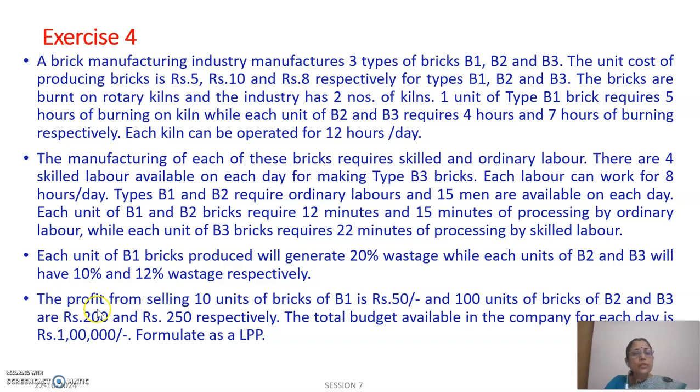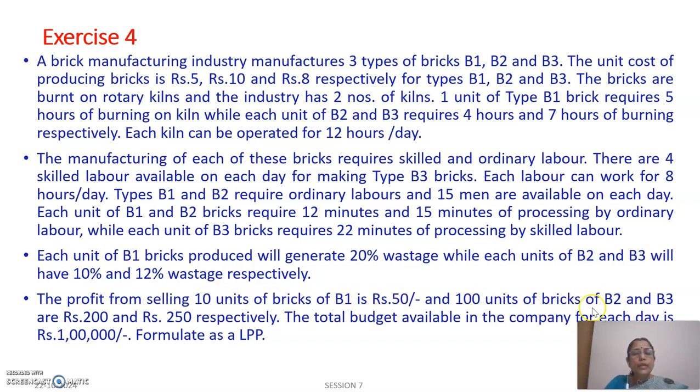Then the last statement given is profit from selling 10 units of bricks. That is, instead of giving it per unit of brick, they are giving it for 10 bricks. By selling them, the profit is rupees 50 for B1. That means we have to convert that to per unit of brick. This is indicating the C1 component. So it is 50 by 10, which is rupees 5.